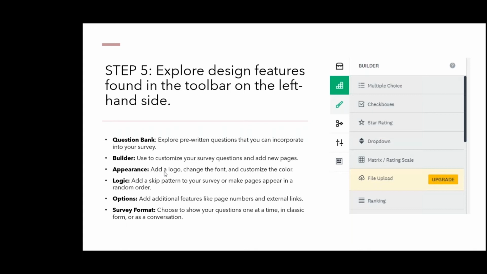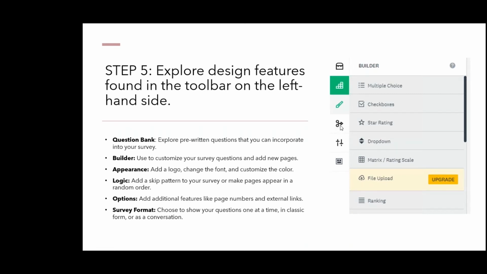So for the Air National Guard, for example, I believe for some of our surveys, we added their logo and made it blue instead of green, and really tried to make it look like their product, not ours.